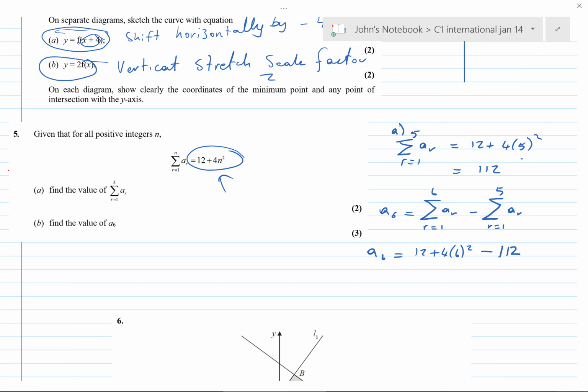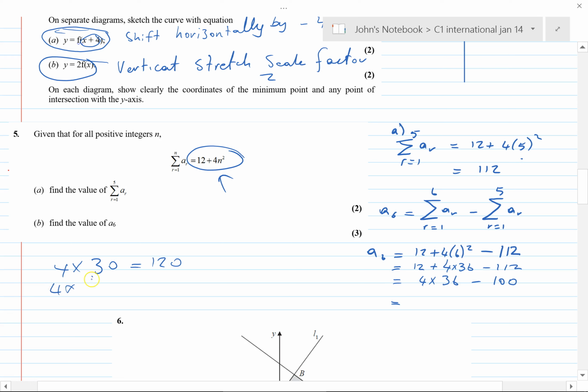Okay, so that then leads to the answer. 6 squared, this is a non-calculator paper, so let's not try and rush it too much. 6 squared is 36, that's 4 times 36 minus 112. So that's 4 times 36 minus 100. 4 times 30, a lot of people are struggling with their mental arithmetic here. 4 times 30 is 120.